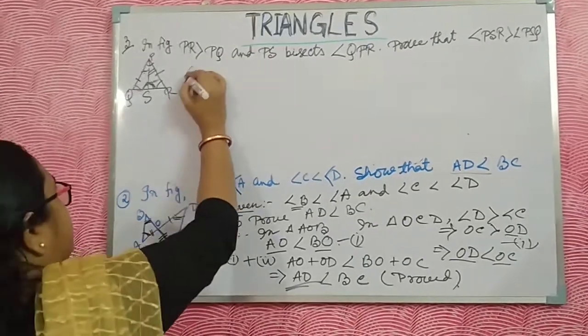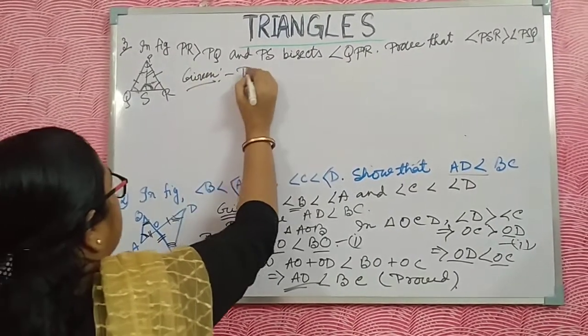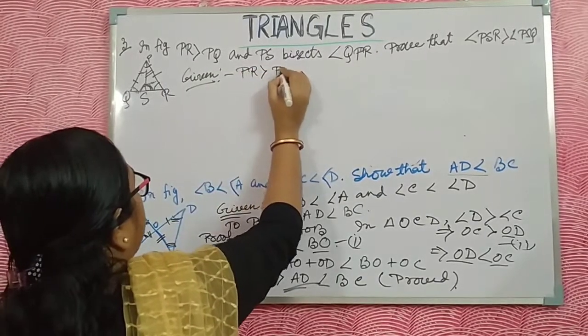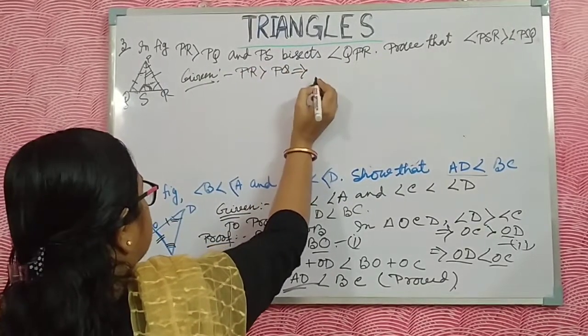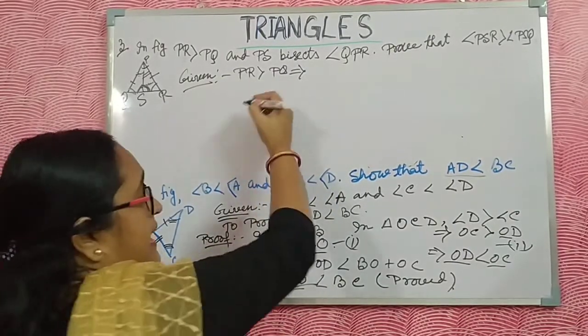Now just write the given condition. The given data is angle PQR greater than angle Q. That implies, as all of you know, the greater side has the greater opposite angle.